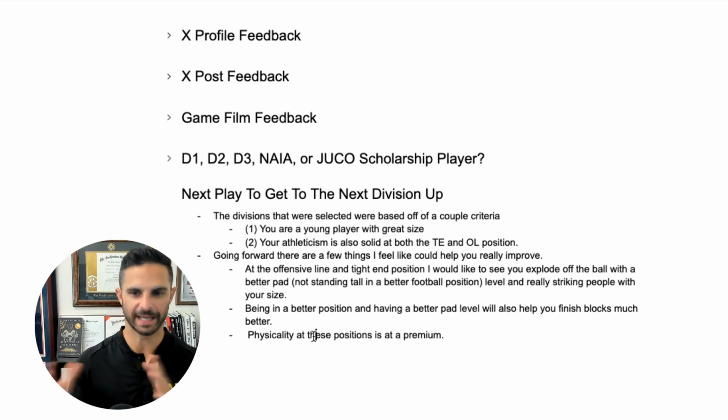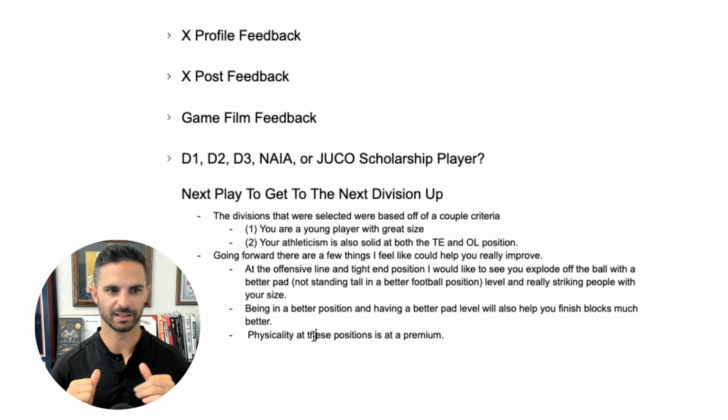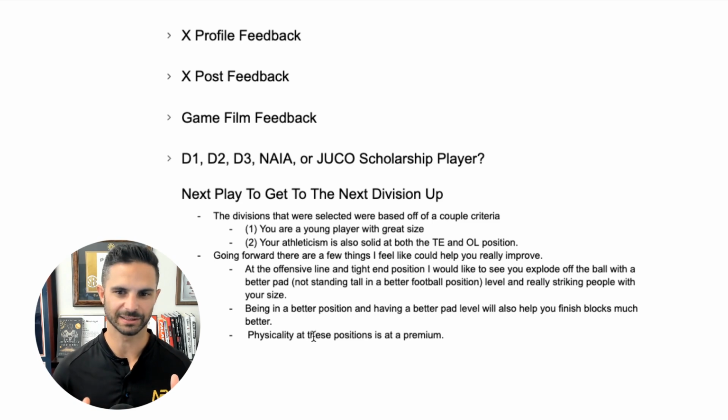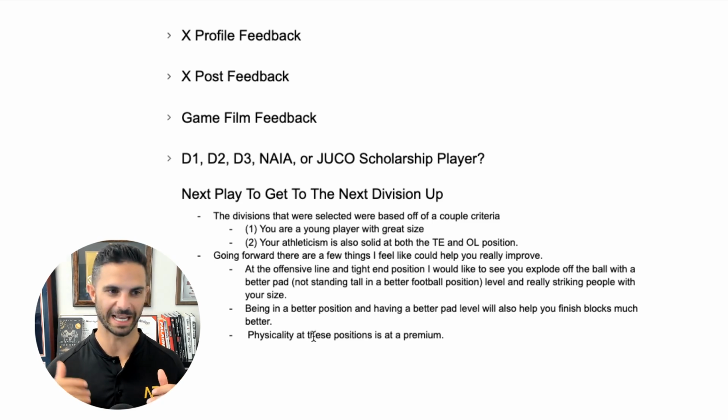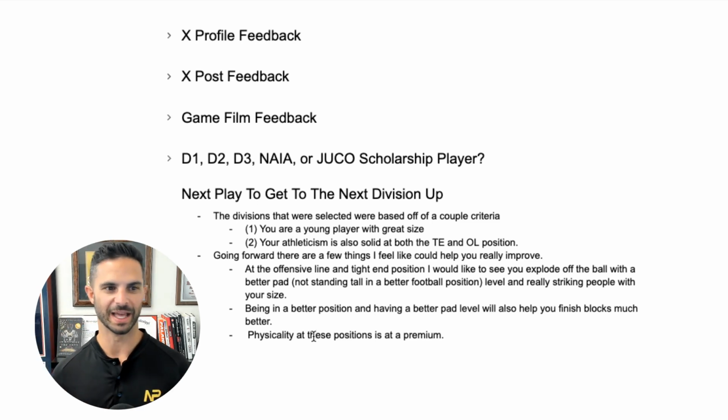So winning is NAIA, winning is Division II, right? Potentially with size. Dominating is when we start looking at FCS, and then really just every play, violent, crushing people. We start looking at G5, and then every game, every play, just totally taking over games. That's when you start looking at the Power 4 level.